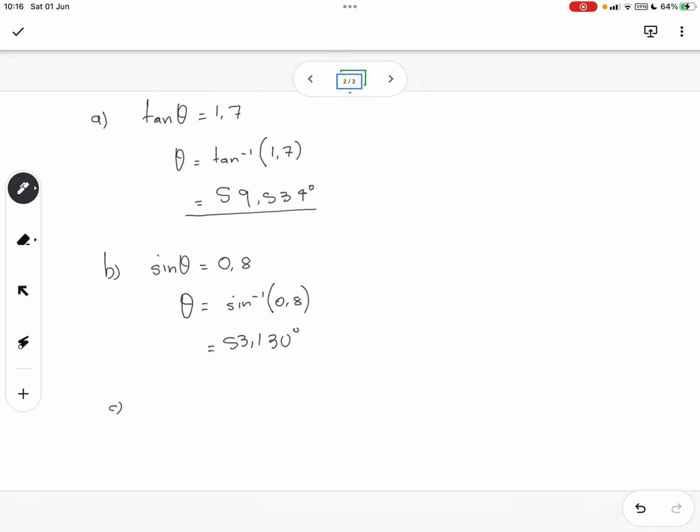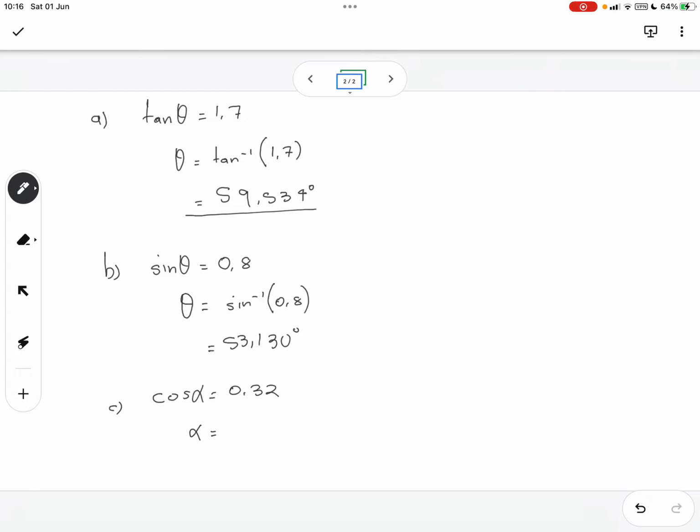Yes. All right. And the last one is cos alpha. And this time they use alpha instead of theta, but the premise is the same. We work on them the same. So cos alpha is 0.32. So what do we do next?